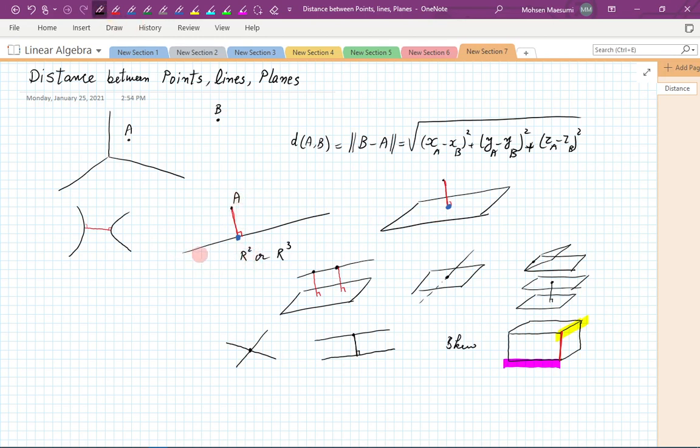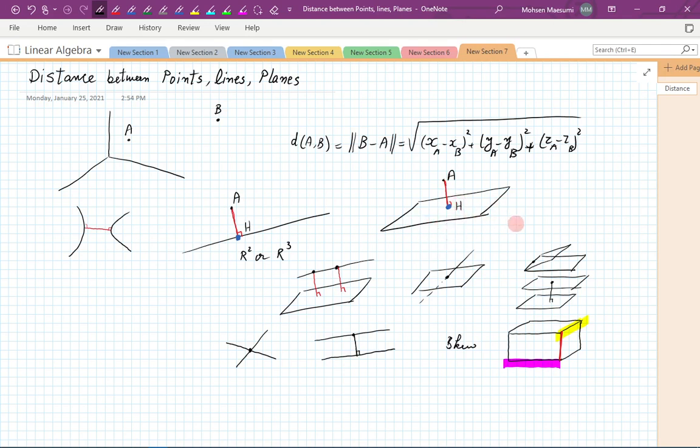The question is, what point on this line is closest to that? Let's call it something like H. Find that point. Again, a point outside might be given here, and the question is, what point on this plane is closest to that? That will be H.